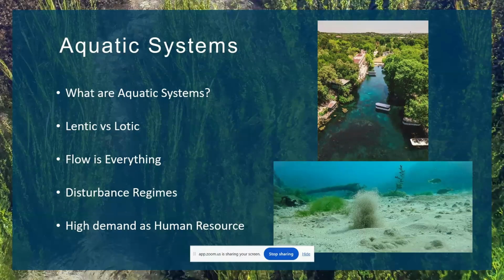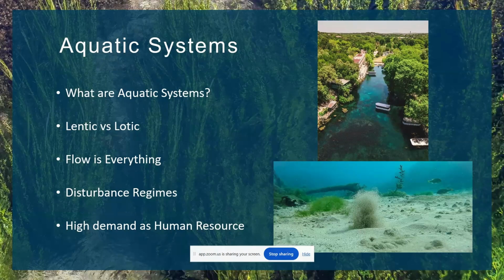What that means is that it has a very low flow environment, and it takes a very long time from when a water molecule enters that system to when it leaves out through the other side. Versus if you think about the Guadalupe River, downstream of that dam, that flow is moving really fast. So we would transition to a lotic system right at the dam, moving further down.